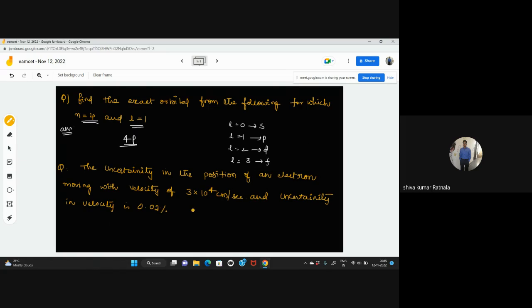Okay, 0.02%. Mass of electron is given: mass of electron is 9.1 into 10 to the power of minus 28 grams. Tell me how to solve and what can be the answer.